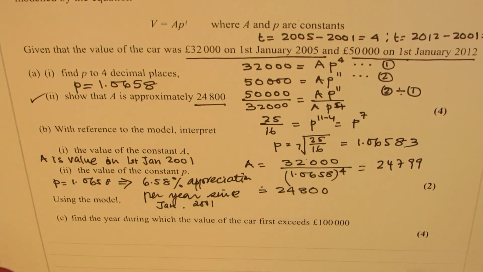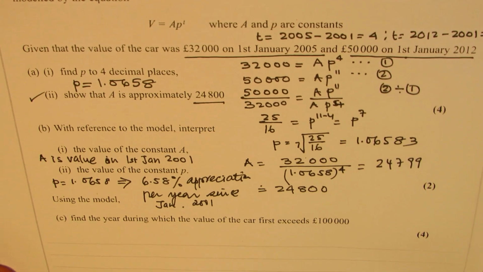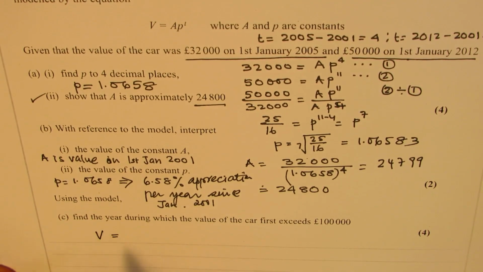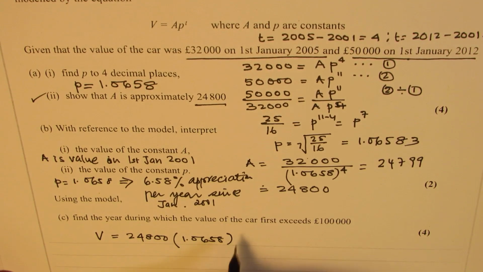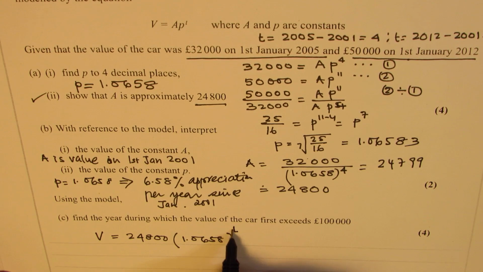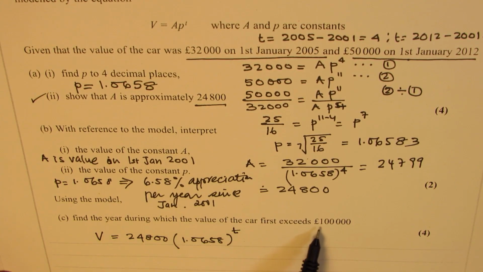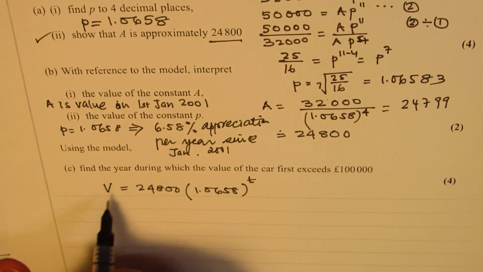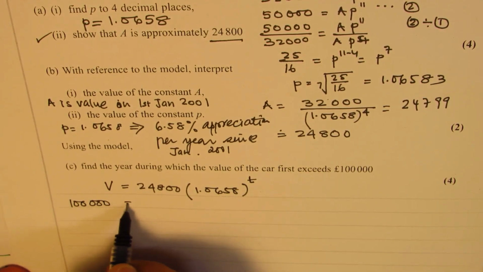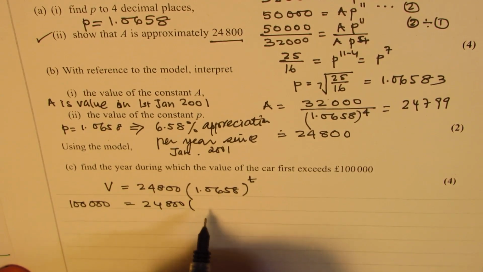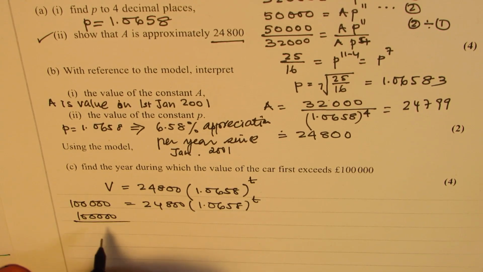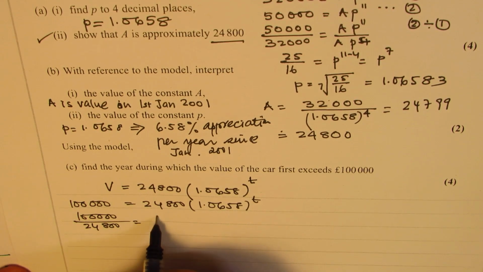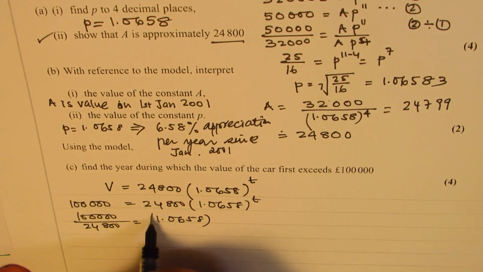We use the formula with A as 24,800 and P as 1.0658, and the power will be T. We want the year when it exceeds 100,000 for the first time, so we substitute 100,000 for V. So 100,000 divided by 24,800 equals 1.0658 to the power of T.